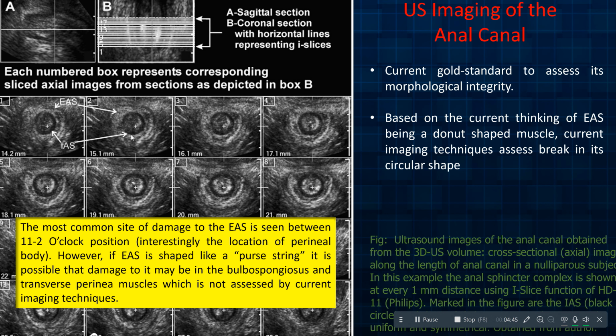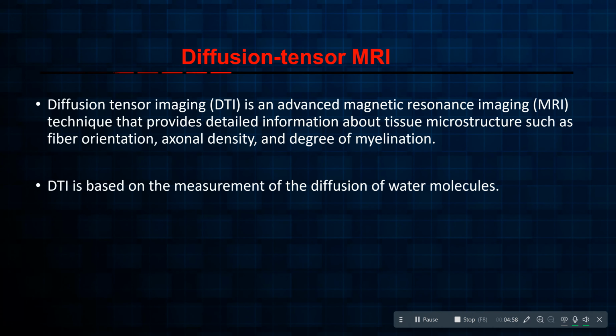However, the external anal sphincter is shaped like a purse string. So it is possible that damage to it may involve the bulbospongiosus and transverse perineal muscles, which are not assessed by current imaging techniques. So how do we assess the microstructure of the EAS? This is where MRI technique comes in.